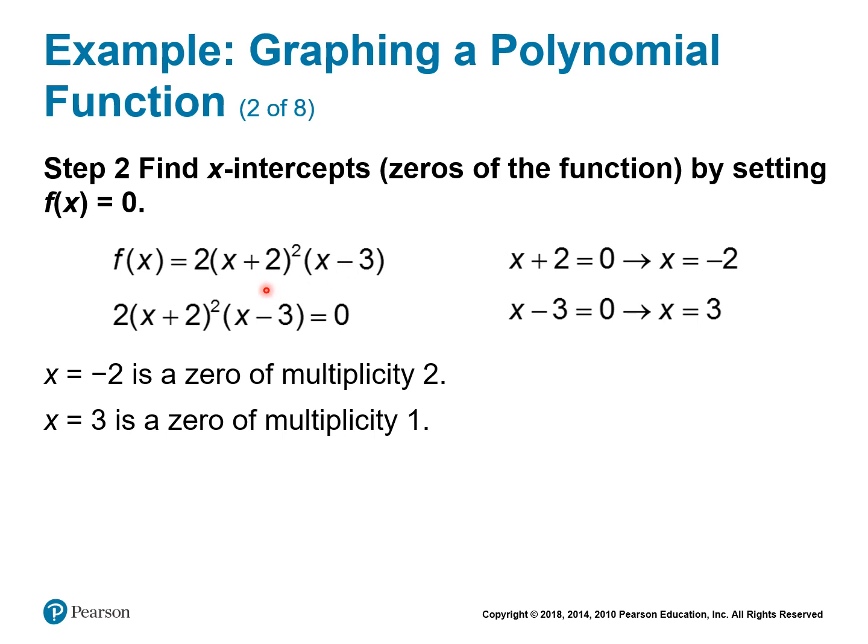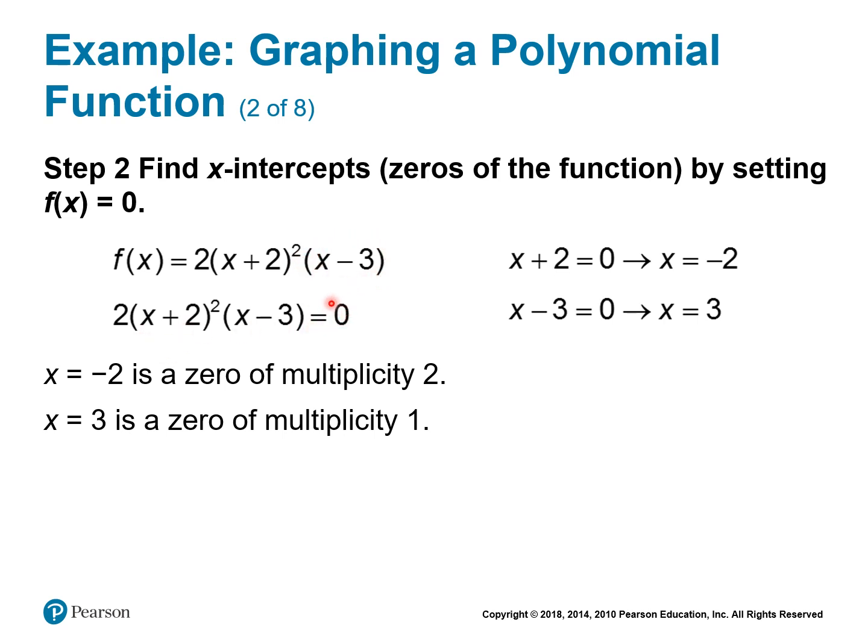Fortunately for this particular problem, they've given us the polynomial in factored form, so we do not have to do the factoring. All we do is use the zero factor property to solve for x. So let's look at this. We have 2 times x plus 2 whole squared times x minus 3.